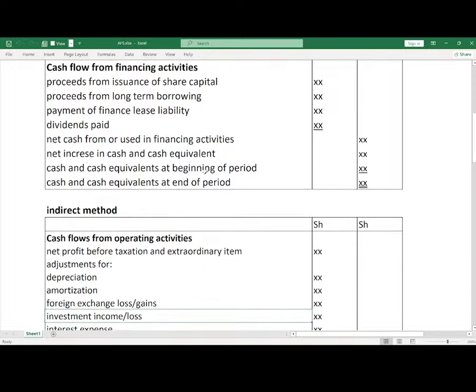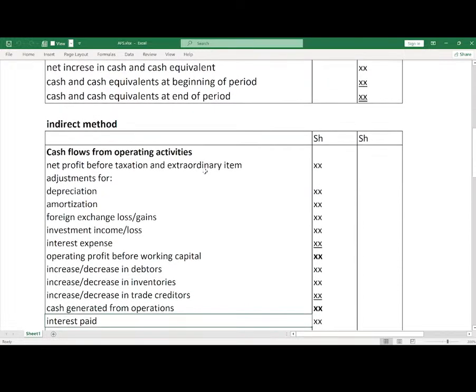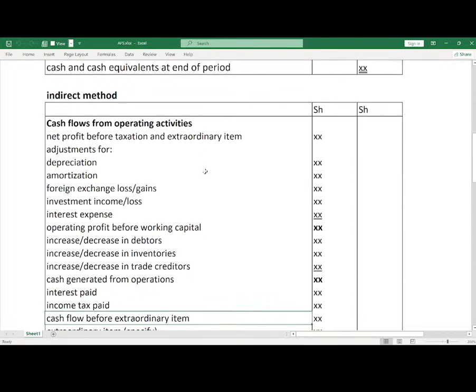Let's look now at the indirect method for a non-financial institution enterprise. As you can see, we have the same scenario. You have to study the cash from operating activities. So in an indirect method, we have to adjust the net profit or loss.